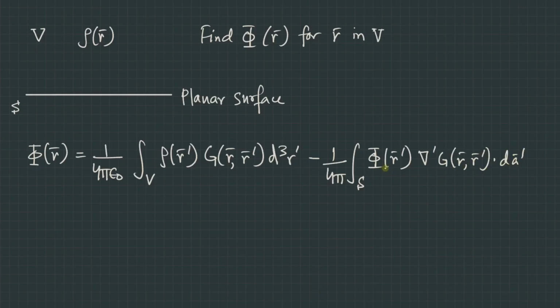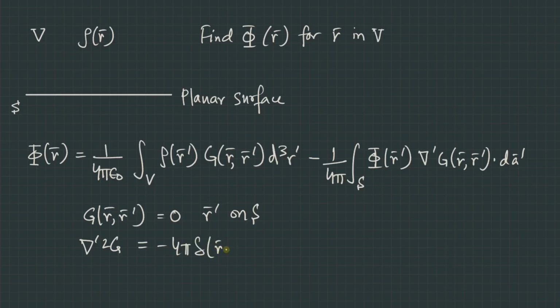Alright, so for this problem we need to find the Green's function, which for the Dirichlet problem must satisfy this condition, that it vanishes on the surface and that its Laplacian is this.